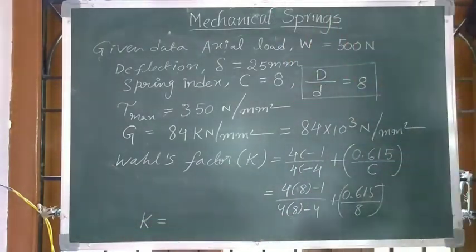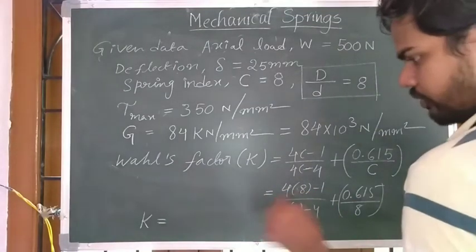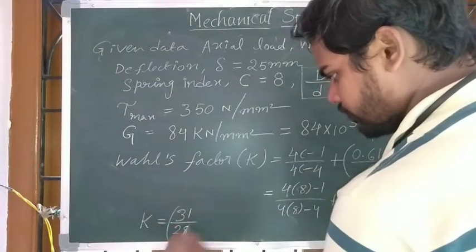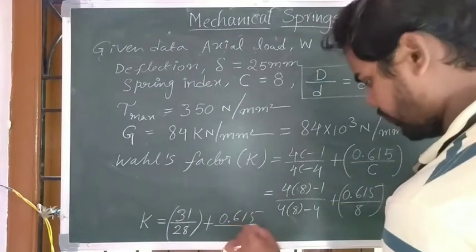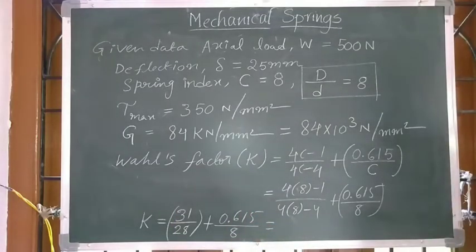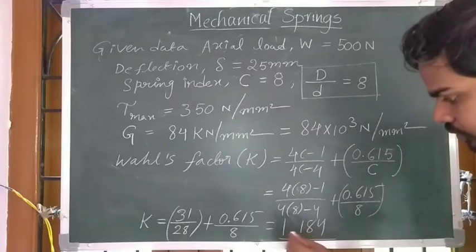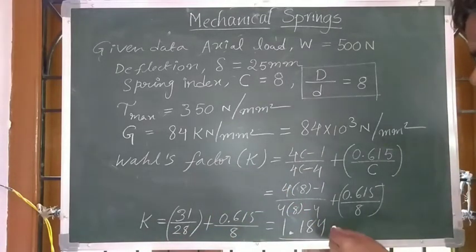So K is 31 divided by 28 plus 0.615 by 8. After calculating this value, the final value, please check, is 1.184. So the value of Wahl's factor K is equal to 1.184.